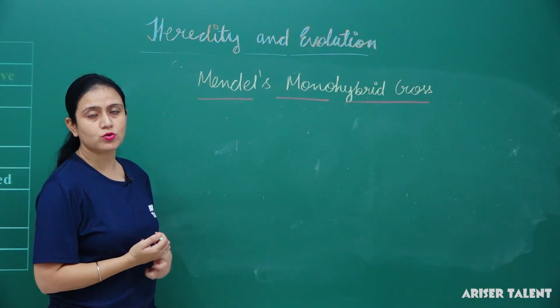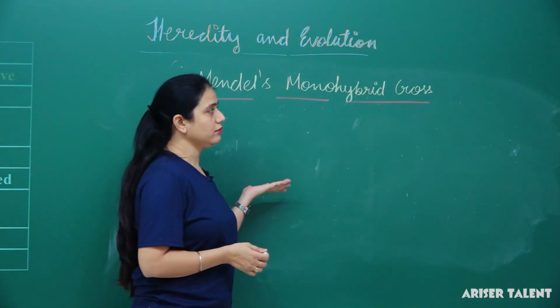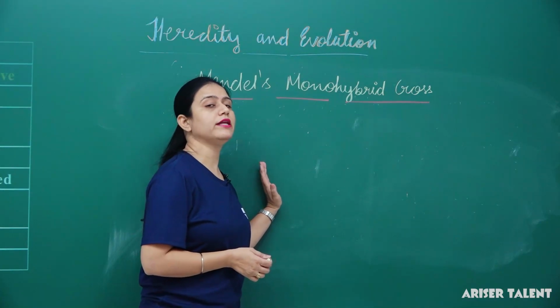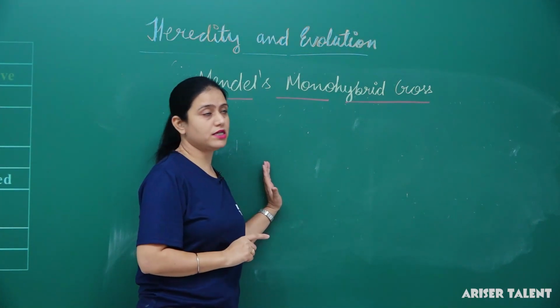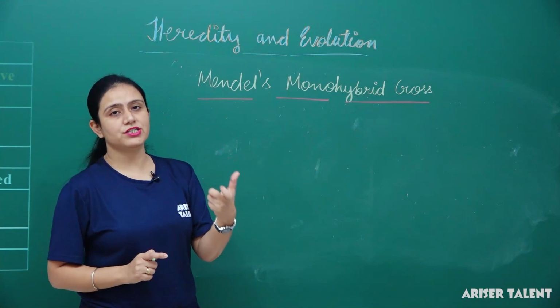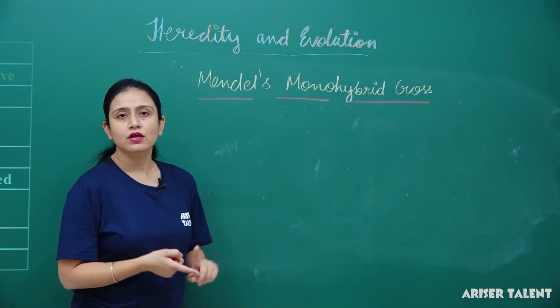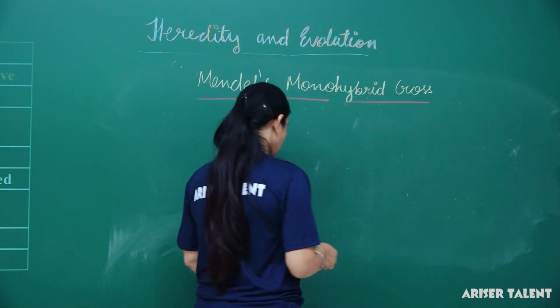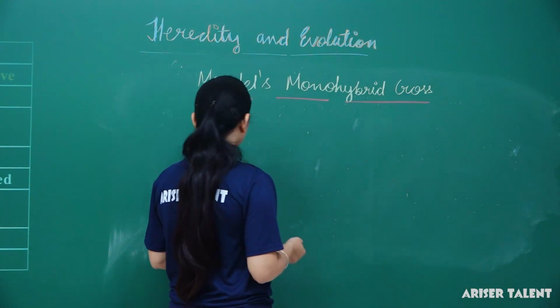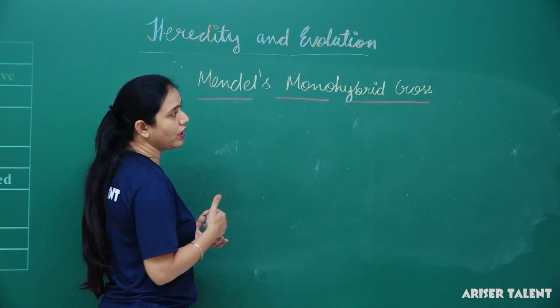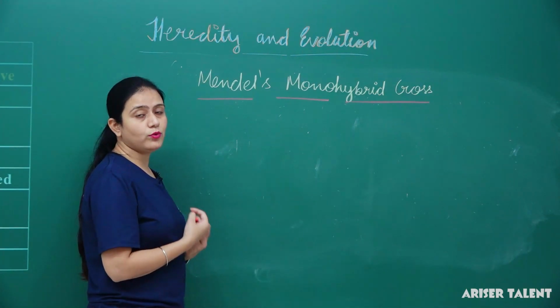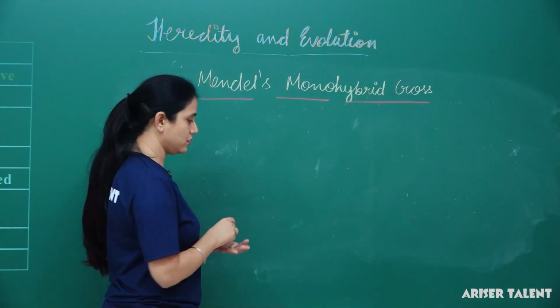One special character was taken here. So in this topic, which character was taken? That was the shape of the seed. Monohybrid means one special character was chosen for the cross fertilization or cross pollination. So monohybrid cross means the cross in which one character is chosen.